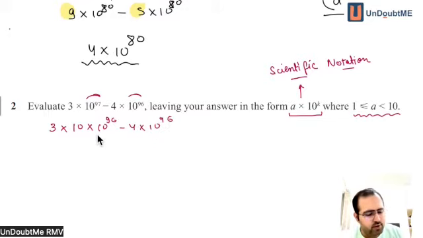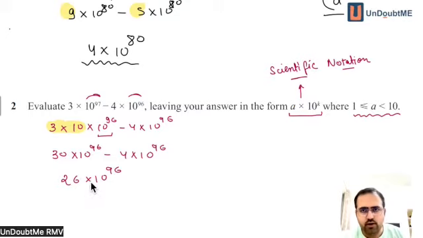So now I have 10 to the power 96, and this 3 times 10 can be solved. It will be simplified, so it will be 30 times 10 to the power 96 minus 4 times 10 to the power 96. 30 minus 4 is 26 times 10 to the power 96.